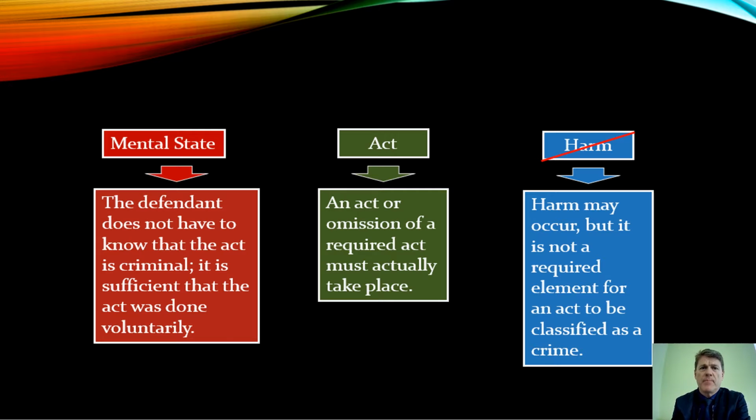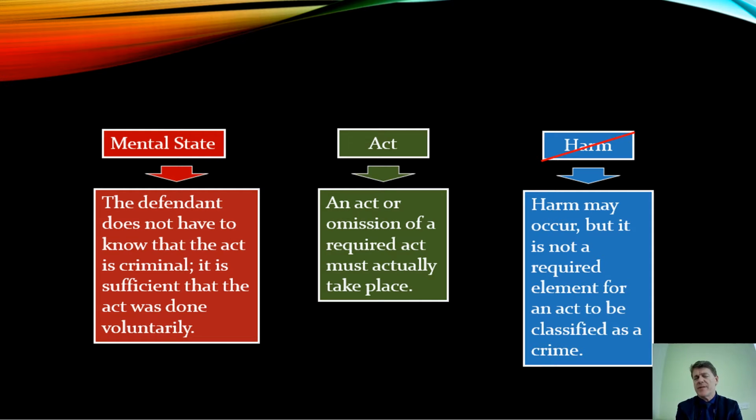Obviously, if someone is in a compromised mental state, maybe through some sort of injury or cognitive impairment, if they don't understand the nature of what they're doing, then they don't have the requisite mental state or intent in order to commit a crime. We still can deal with them. Maybe they have an insanity defense. And so there still can be appropriate treatment for that person, but we're not going to send them to a jail or a prison environment.